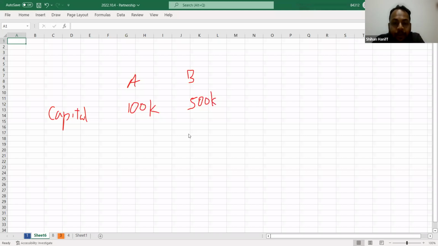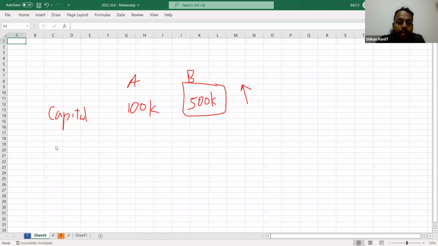Right? So based on the capital, you can see that partner B should get more profits because he provide 5 times more capital than partner A, right?